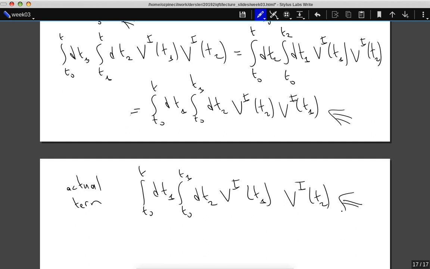Because if we add the last term on the previous page to the first line in this page, then both the t1 and t2 integrals will be from 0 to t. But you see, those two terms differ only by the ordering of v.